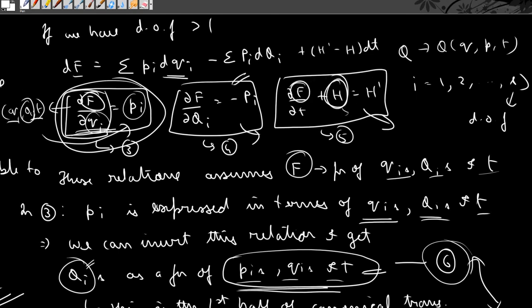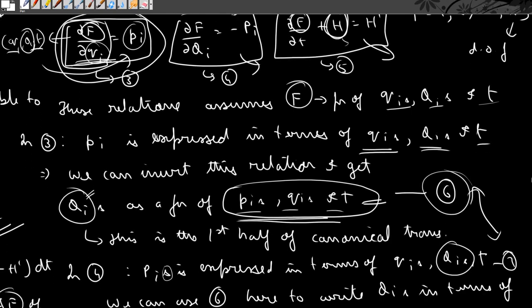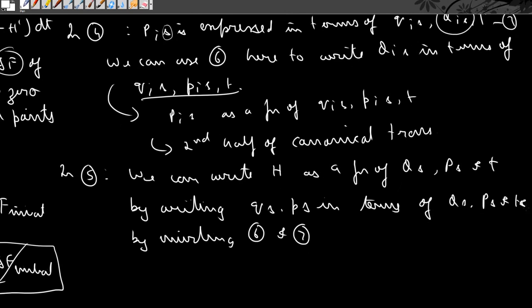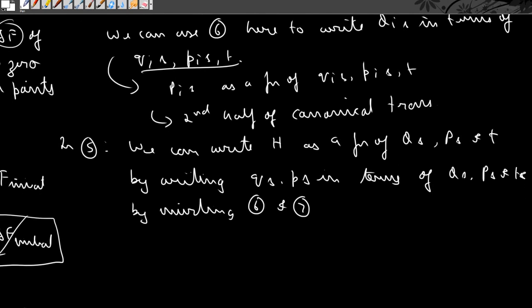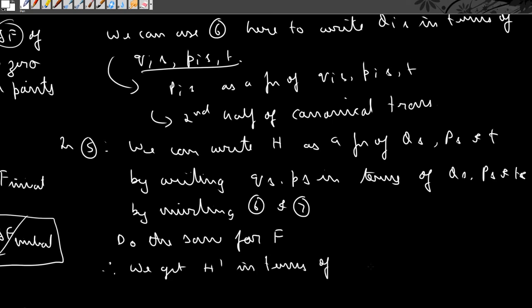And similarly our f also, which is a function of old coordinates, new coordinates and time, here also the old coordinates can be replaced by the appropriate functions of new coordinates and momenta. We do the same for f, and therefore we get H dash in terms of Q's, P's and t, and this we call equation number 8.